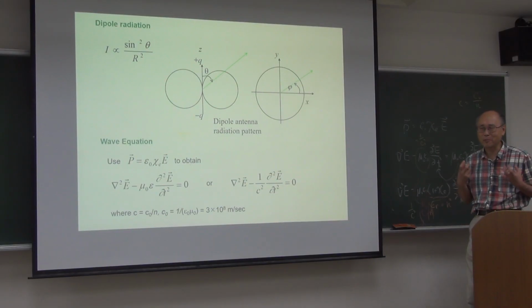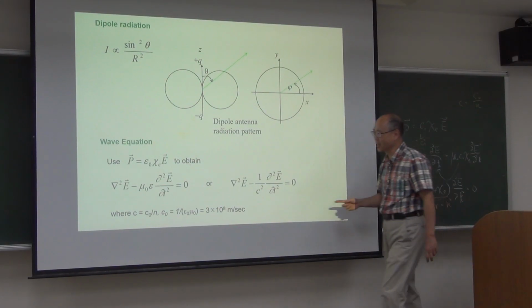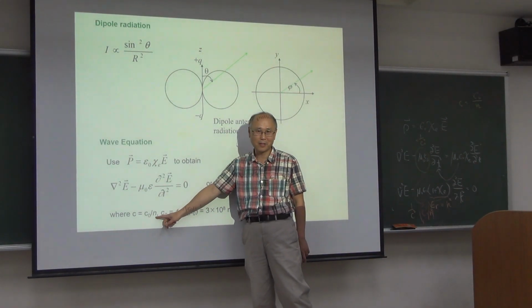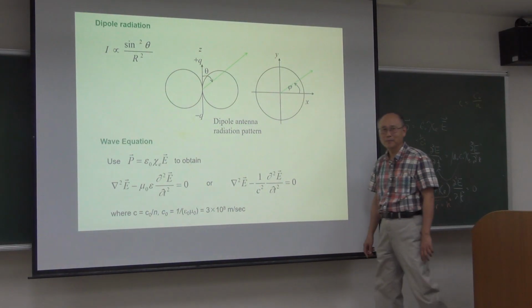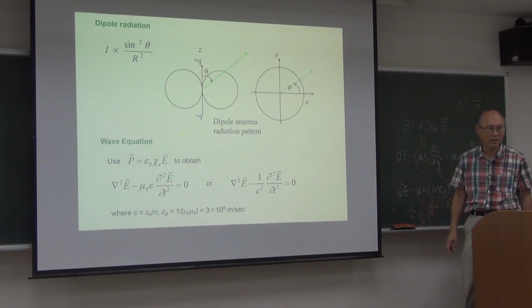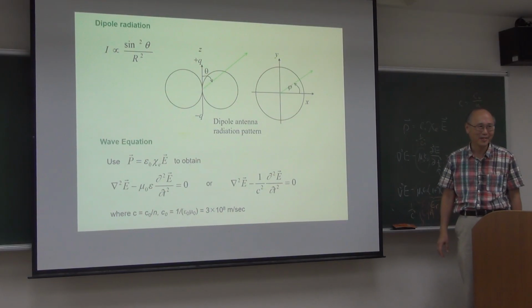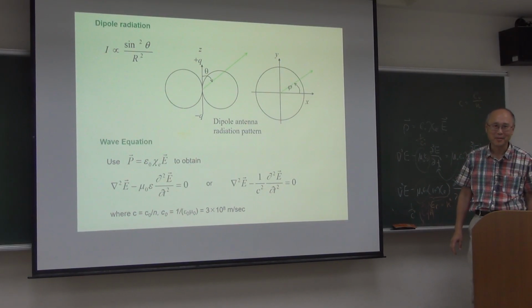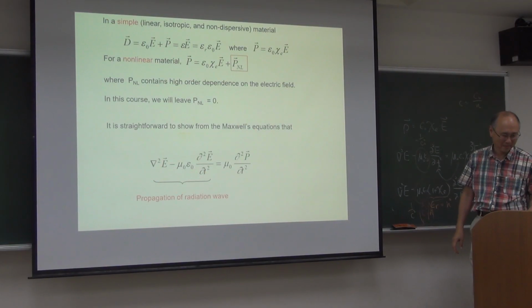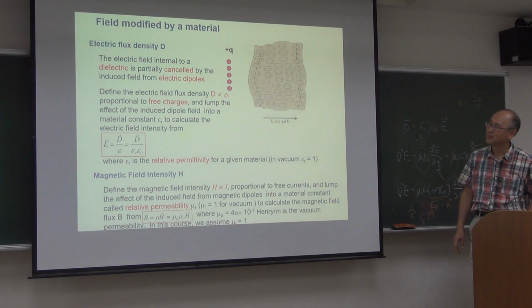If the coupling is very strong, this means that this n can be big. Can you catch the concept? I hope so. So what is the dipole doing? The wave is going through the material, dielectric material. What is the dipole doing?